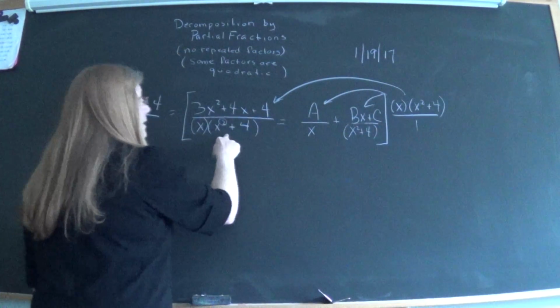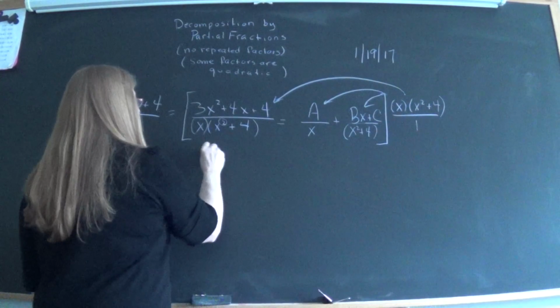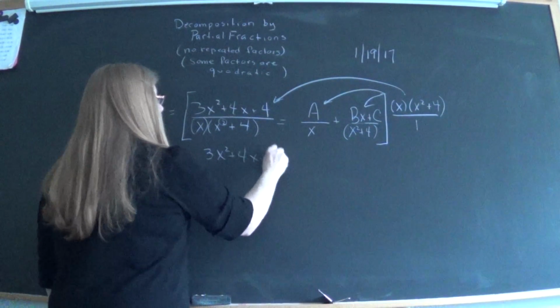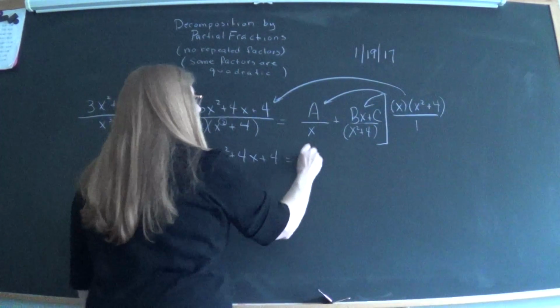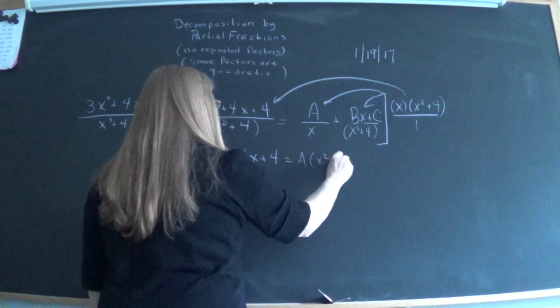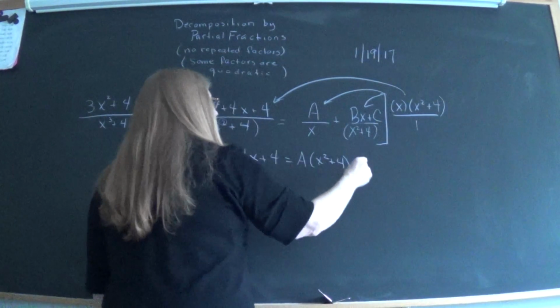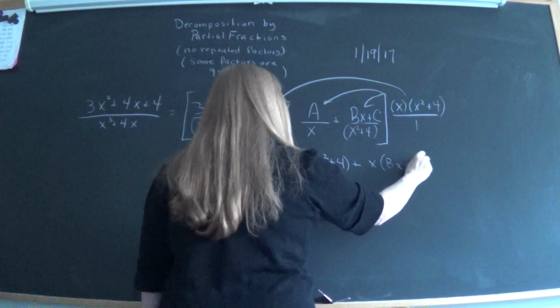You'll notice that this and this are alike, so they cancel, leaving just the numerator. This times this, the x's will cancel, leaving A times x squared plus 4. And this cancels this, leaving an x times Bx plus C.